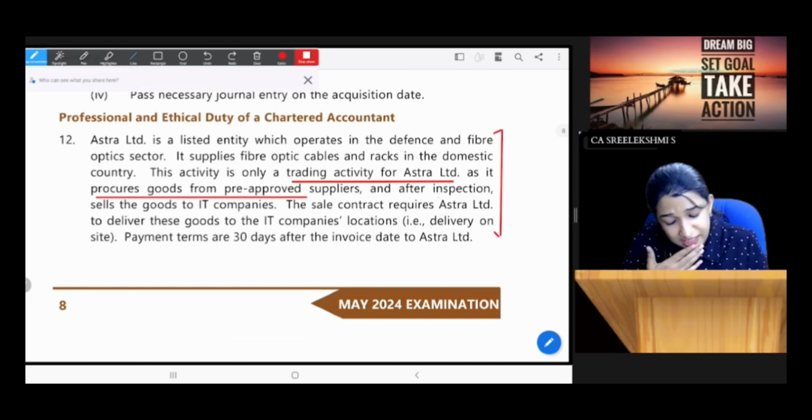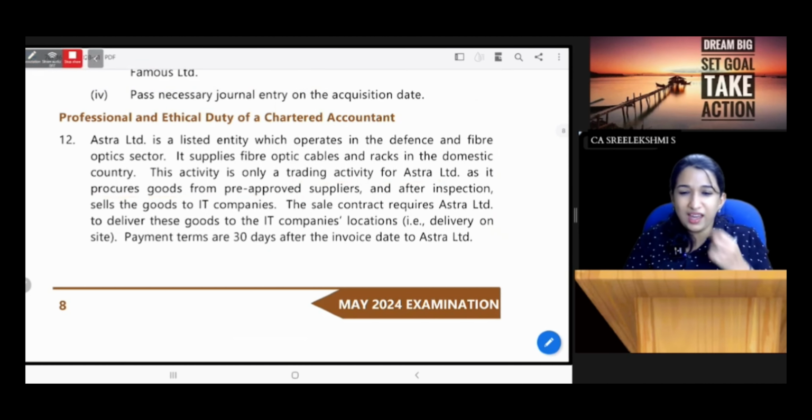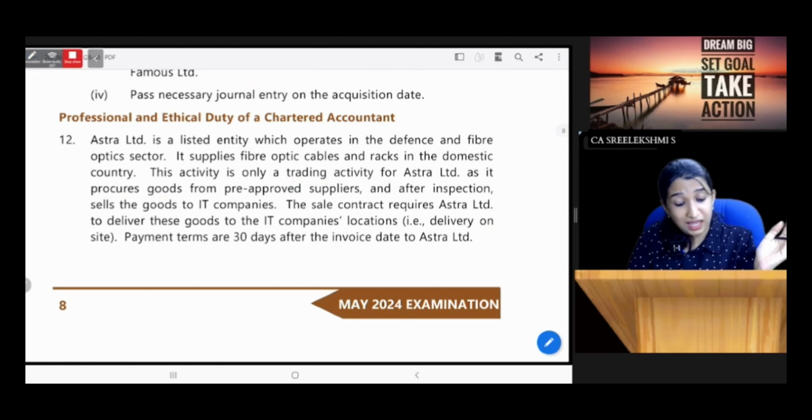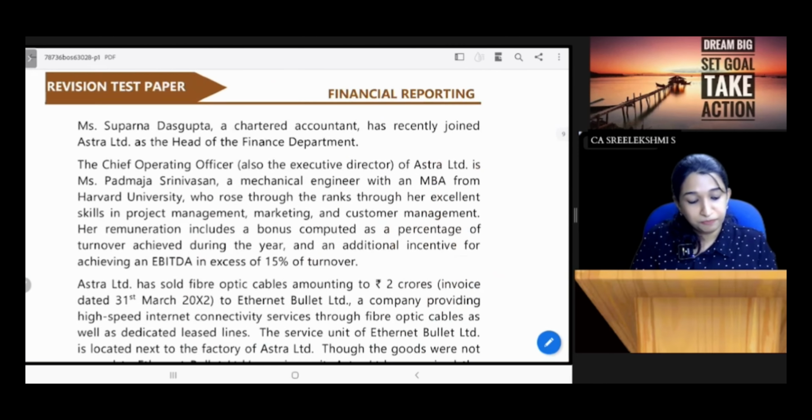And after inspection, sells the goods to IT companies. The sale contract requires Astra Limited to deliver these goods to IT companies. Payment terms are 30 days after the invoice to Astra. So they are dealing in some business. They sell products, and payment is within 30 days from the date of invoice.